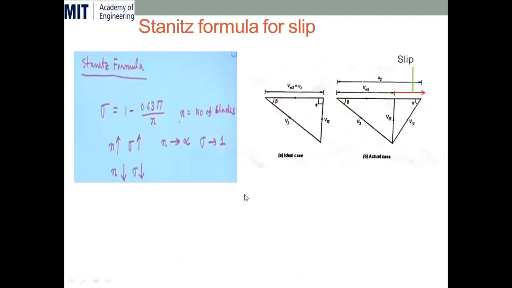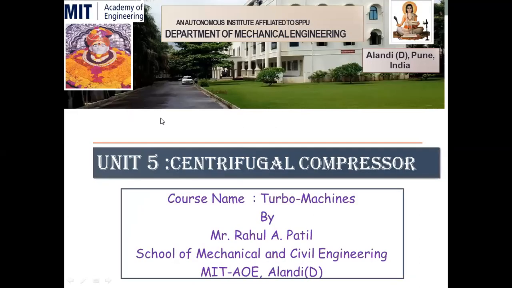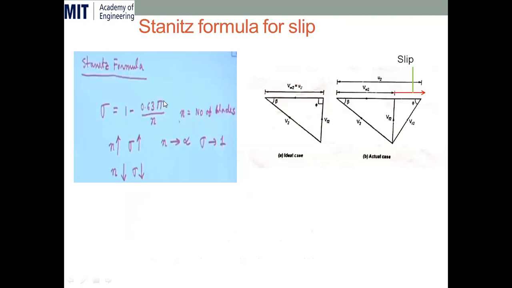We also have an empirical formula for the slip, that is Stanitz's formula. According to this formula, sigma is equal to 1 minus 0.63 pi upon n, where n is the number of blades. If the number of blades increases, the denominator increases, so this ratio decreases.